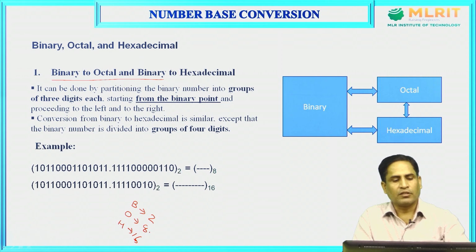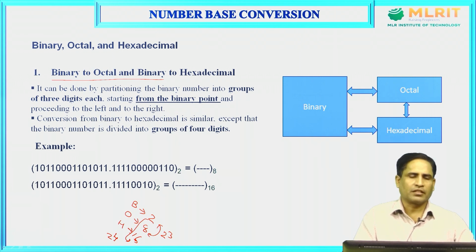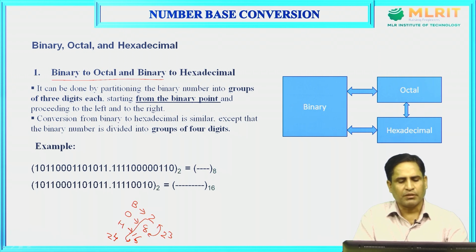That means this is related with 2 power 3, 2 power 3 is equal to 8 and this is related as 2 power 4, that is 16. That means there is a definite pattern which is going to be applicable in the octal and hexadecimal number systems when compared with the binary.